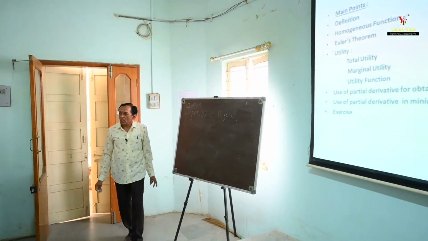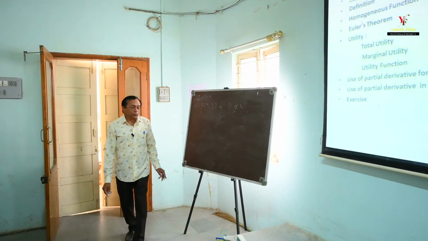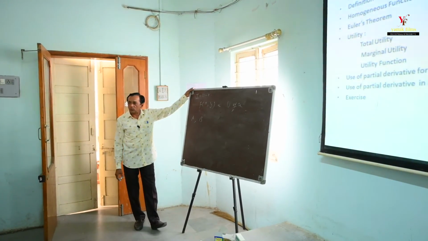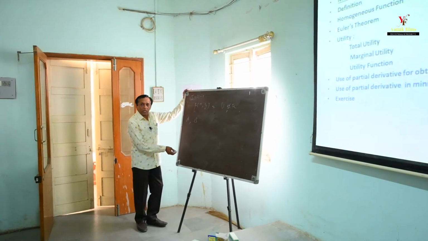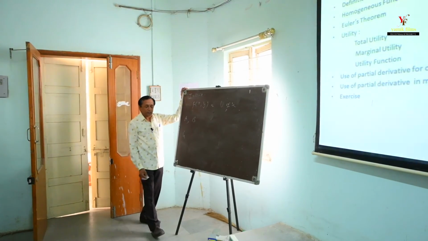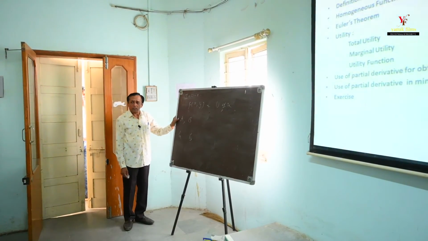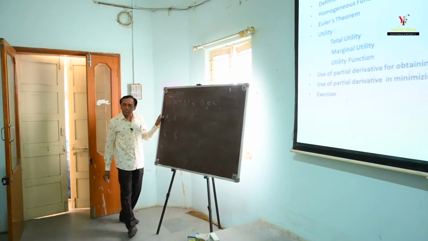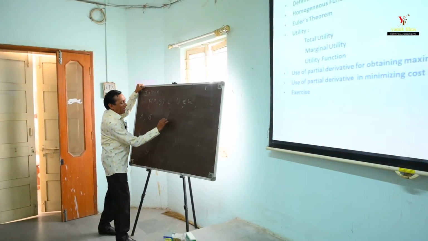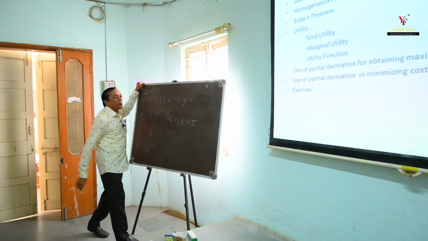In our syllabus, person A requires two items, A and B. For A, the per unit price is Px; for B, the per unit price is Py. The person purchases x and y units. Then x Px plus y Py is the budget function.